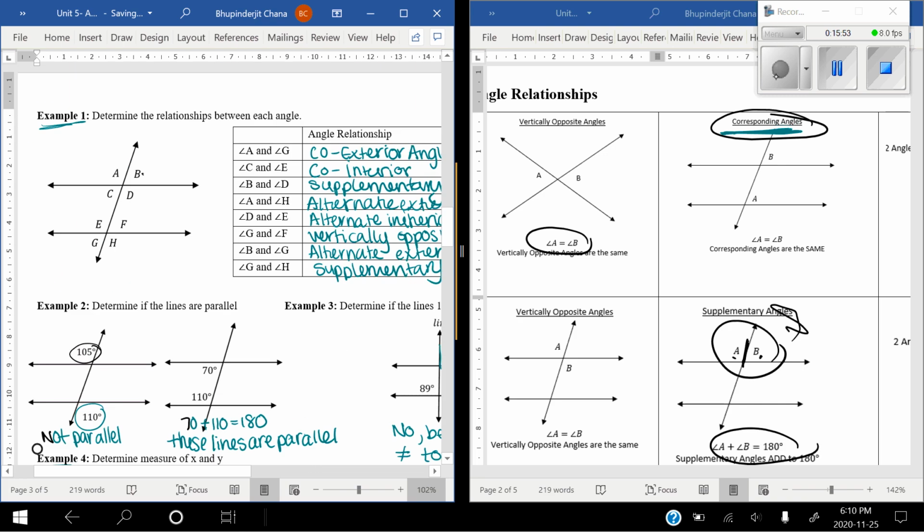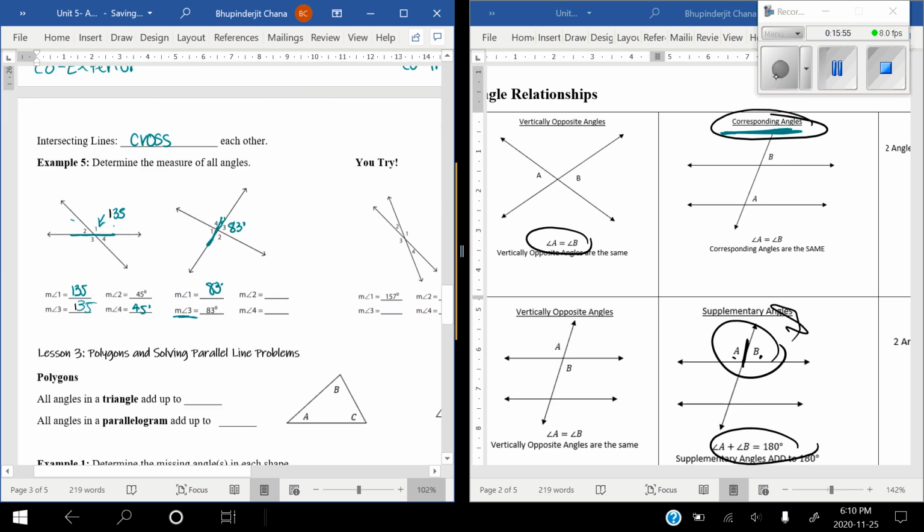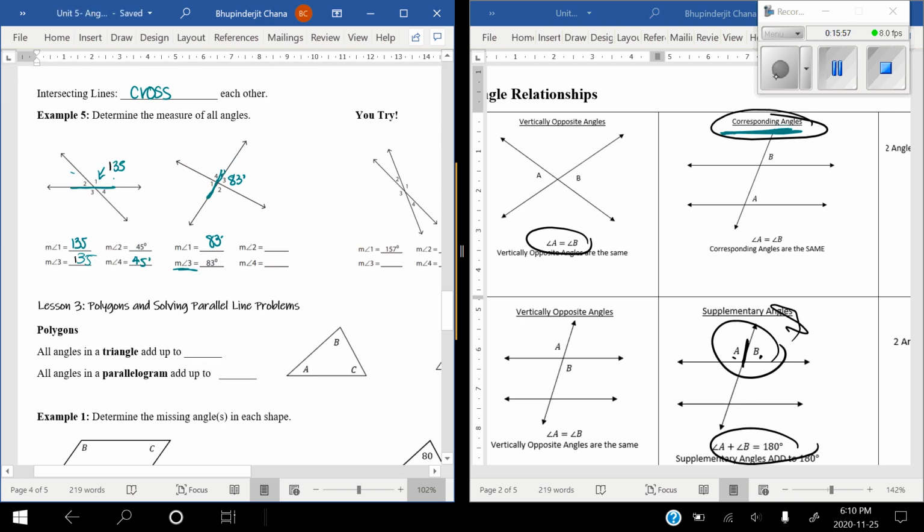To find supplementary angles, you take 180 minus 83. So 180 minus 83 gives me 97 degrees. So angle 2 would be 97 degrees. If this is 97 degrees, vertically across is also 97 degrees.